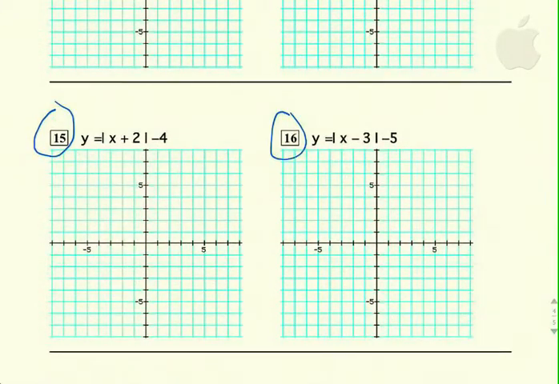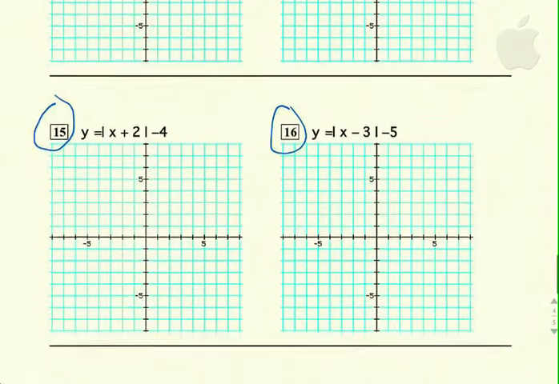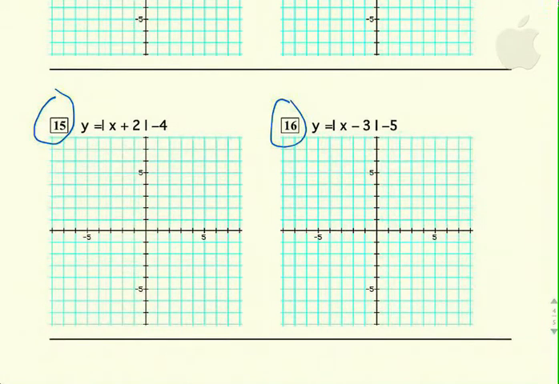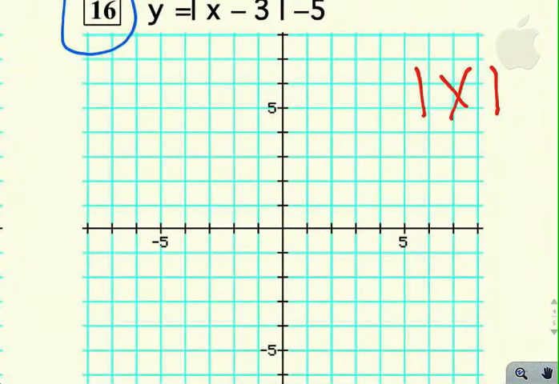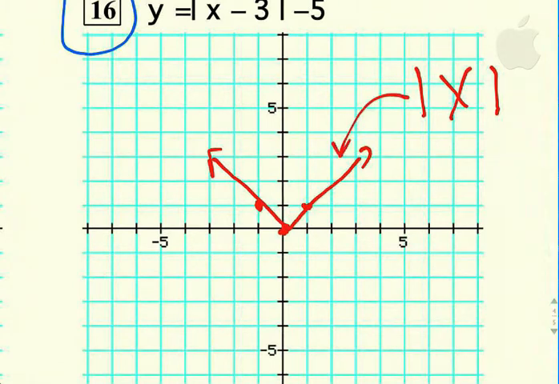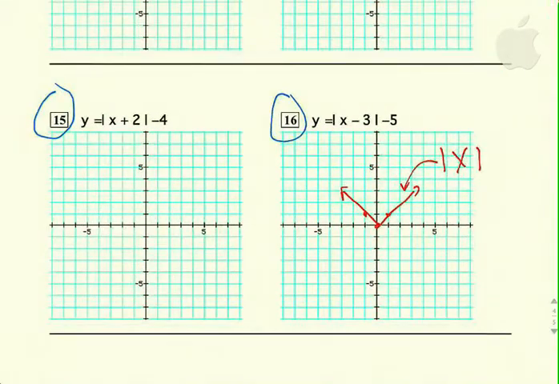In number 15, we're going to be doing a couple of things. But again, we need a reference. So let's put the absolute value of x right here for a moment. So the issue is, what are we going to do to that red graph?